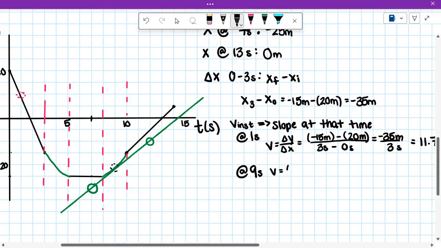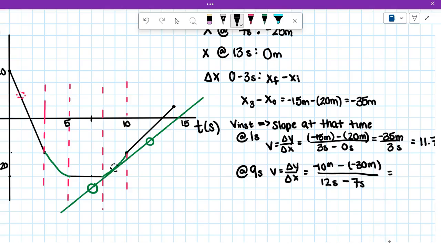So my velocity is going to equal change in y over change in x. Let's see, we go from negative 10 meters from negative 30 meters, and that's 12 seconds, and this first one is at 7 seconds.